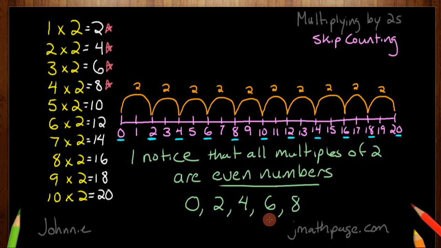So we have 2, 4, 6, and 8. 10. Well, 10 ends in a 0. So that one's good too. Again, I see 2, 4, 6, 8, and another 0. So all of these are good results. Multiples of 2 will always be even numbers. We should keep that in mind.